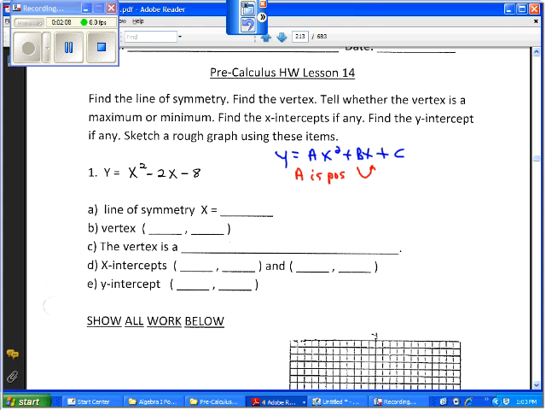The parabola will open up, and the vertex is a minimum. Correct? If a is negative, it opens down, therefore the vertex is a maximum.